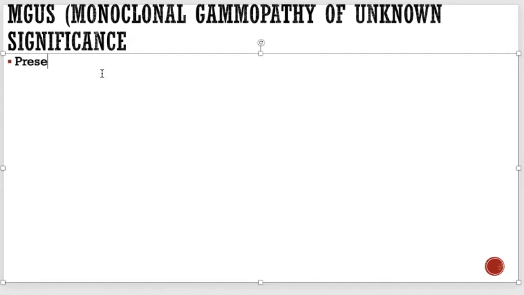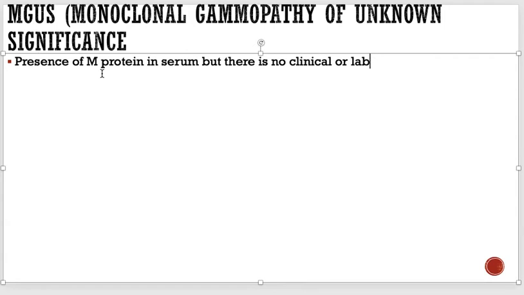There is presence of M protein, antibodies being proteins, in serum, but there is no clinical or laboratory evidence of a plasma cell dyscrasia, or any lymphoproliferative disorder.